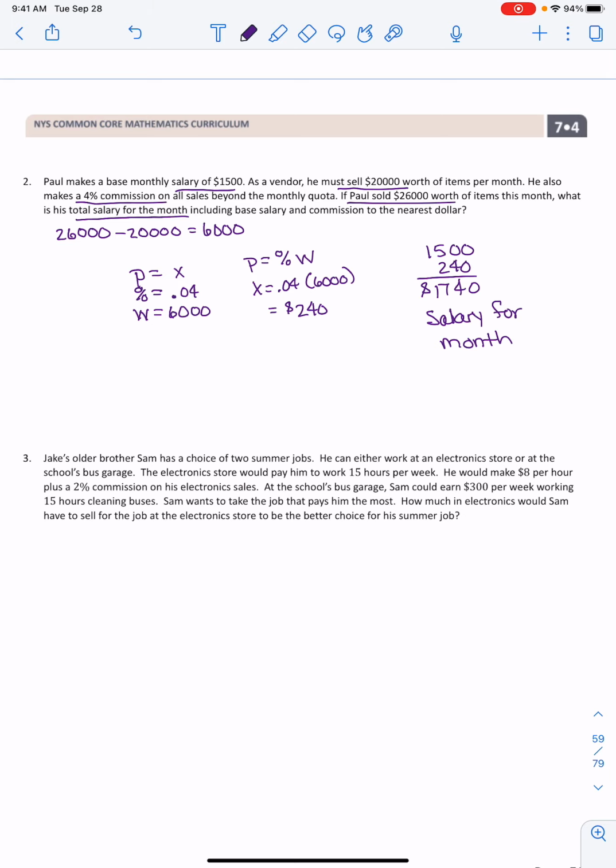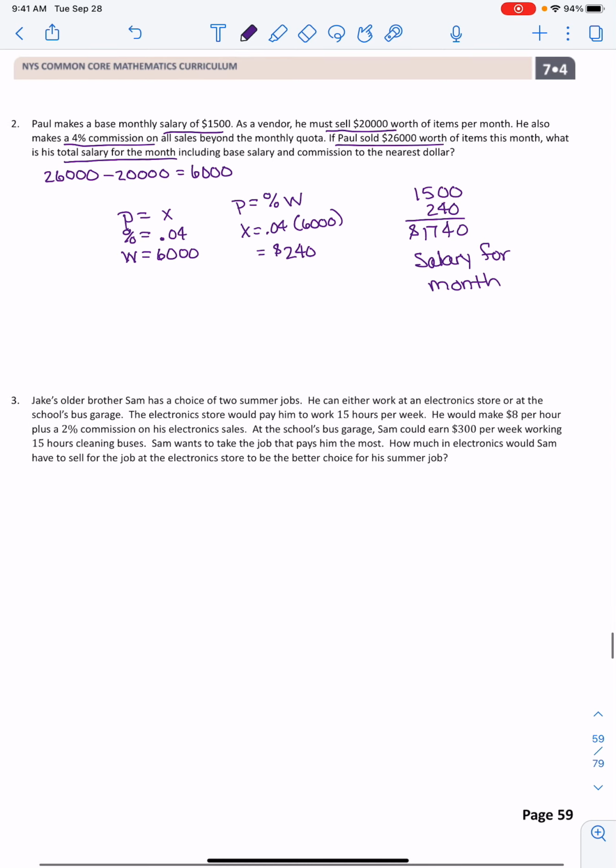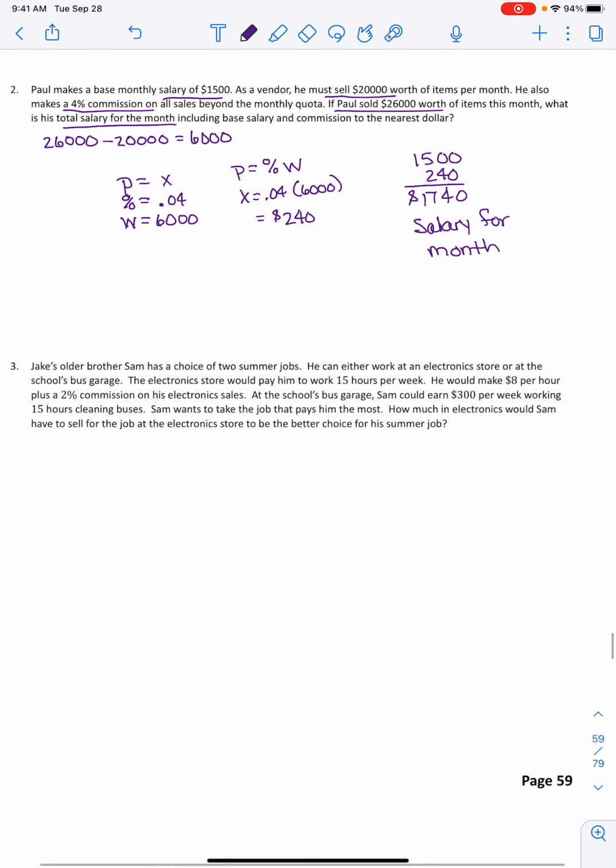Our last question for the day is Jake's older brother, Sam, has a choice of 2 summer jobs. He can either work at an electronics store or at a school bus garage. The electronics store would pay him to work 15 hours per week. He would make $8 per hour plus 2% commission on his electronics sales.